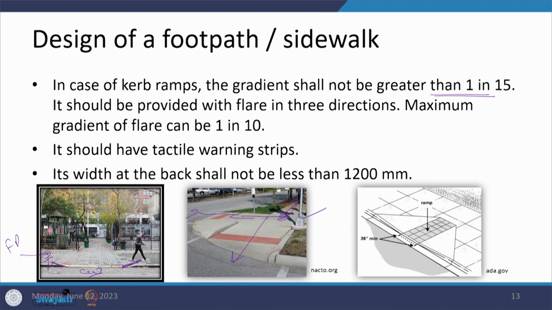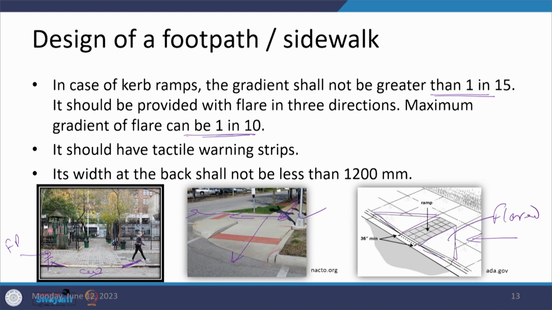It means there is some flaring happening, and this flaring is being shown in another diagram on the right hand side. So, this is a flared section, and for this flaring the gradients are being used as 1 in 10.